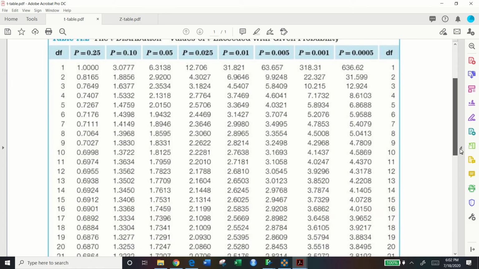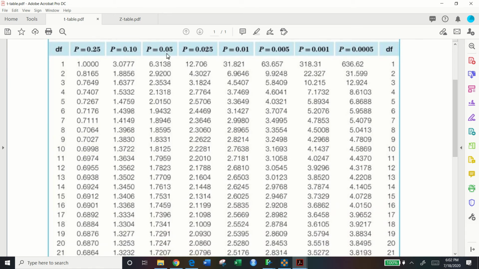We have 0.05 and degrees of freedom 7. So that's going to give us a critical value of 1.8946.